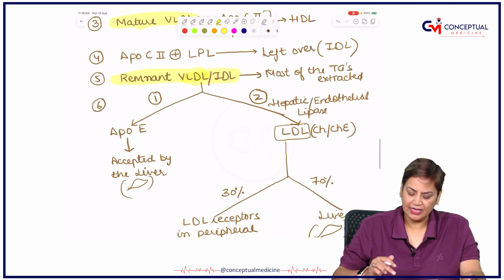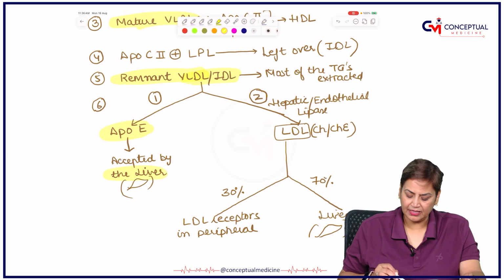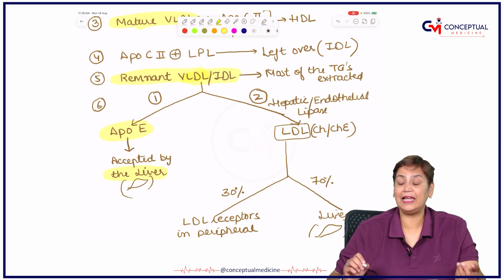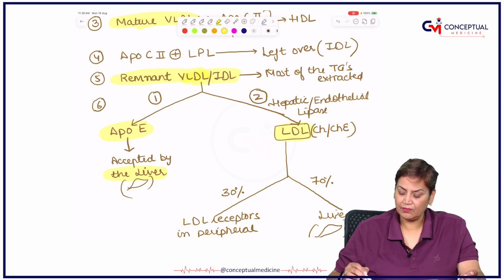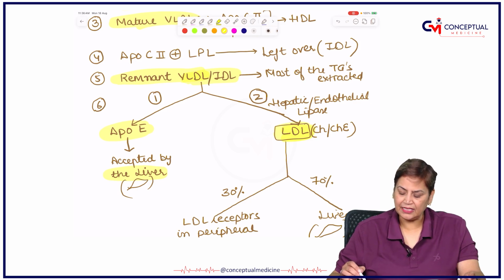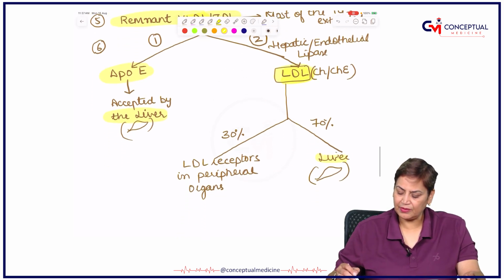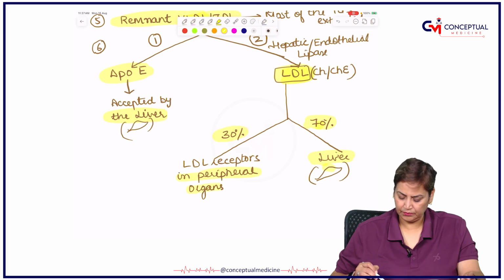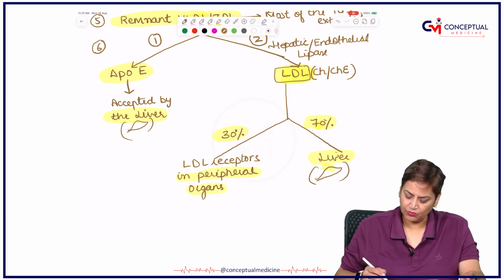And for remnant VLDL, one path is that it will be accepted by the liver, and whatever cholesterol and cholesterol esters are there, they will separate out, they will pinch out, forming LDL. And this LDL again, 70% will go to the liver and 30% will be accepted by the extrahepatic organs, most predominantly the heart and the adipose tissue.